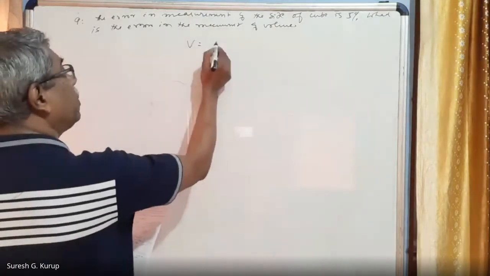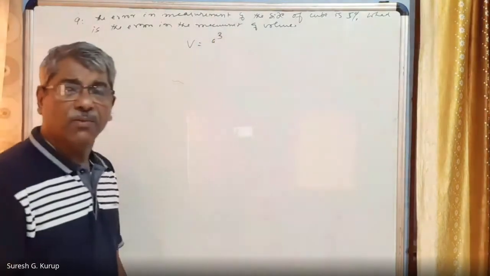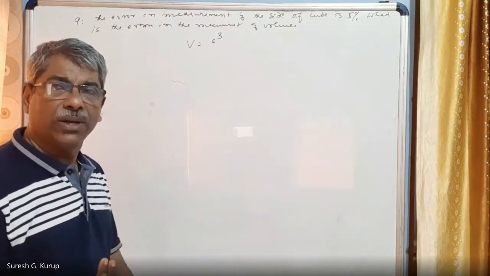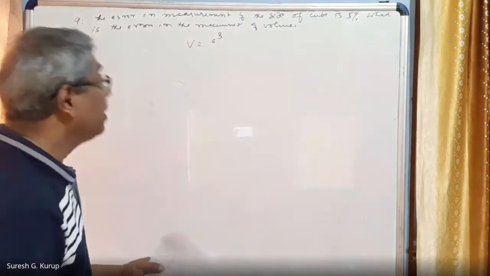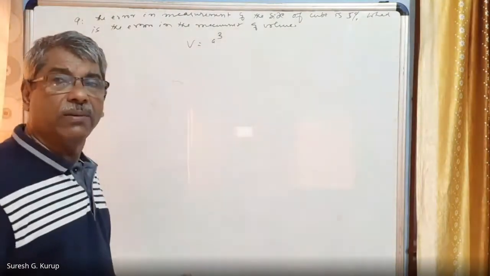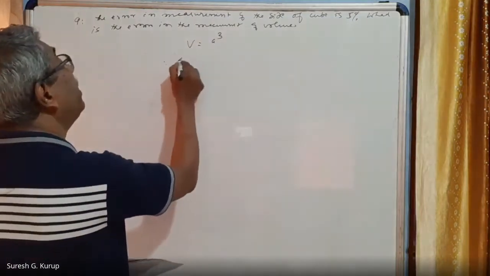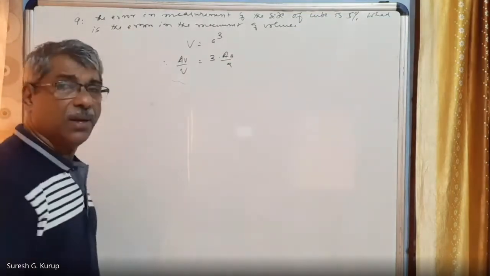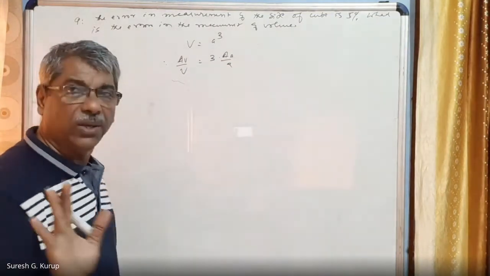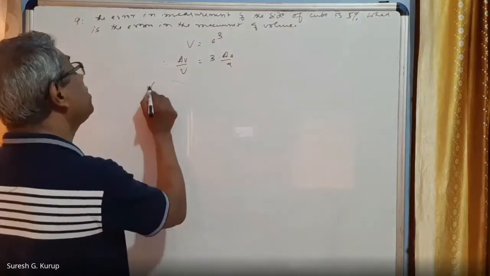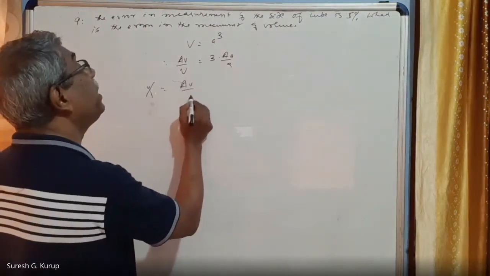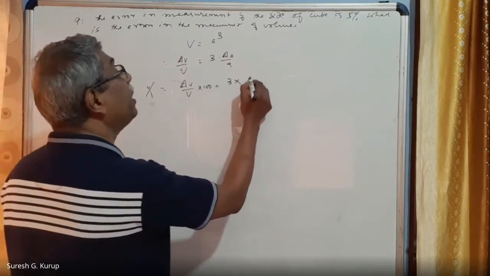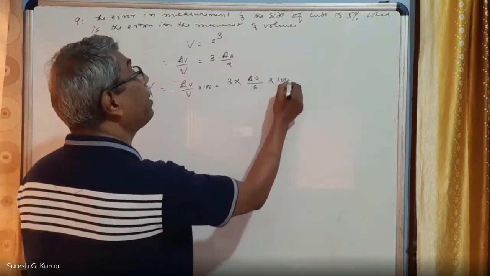We know that V is equal to a cube. First of all, you have to write the formula of volume. Then only from the formula of volume can we calculate the percentage error in the volume. Now, to calculate percentage error, first of all, you have to write the relative error. Therefore, delta V by capital V is equal to 3 into delta A by A. This has been taught to you. Then percentage error is equal to delta V by V into 100, that is equal to 3 into delta A by A into 100.